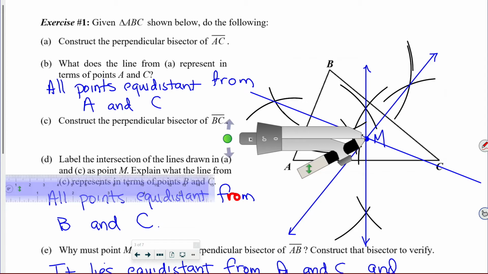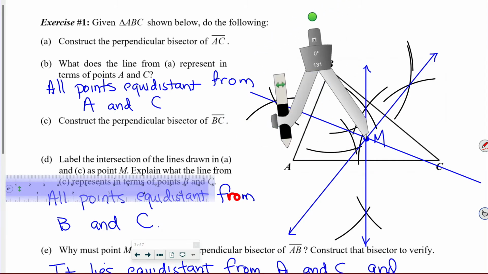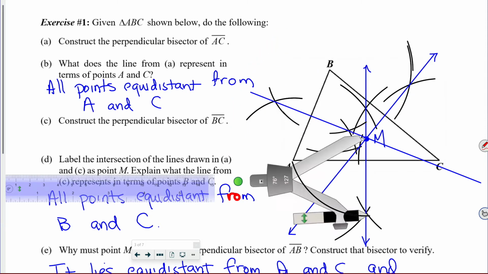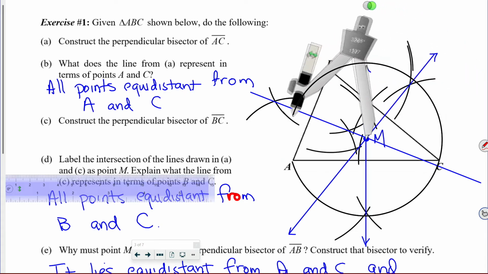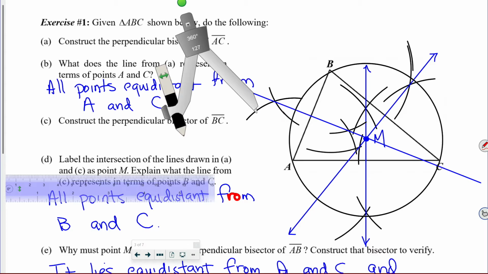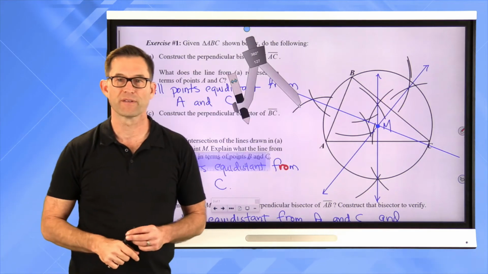And again, if I've located point M properly, then what should happen when I create this radius and this circle is that it should intersect all 3 points, all 3 vertices. And as you can see, it's close, and if I adjust it just a little bit, it's perfect.